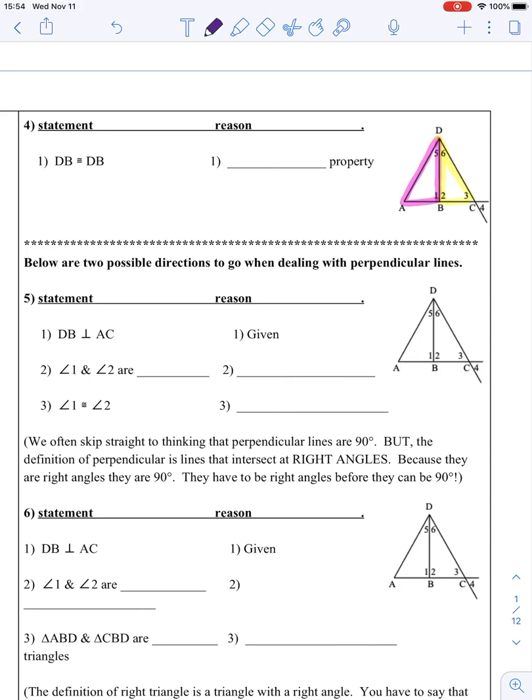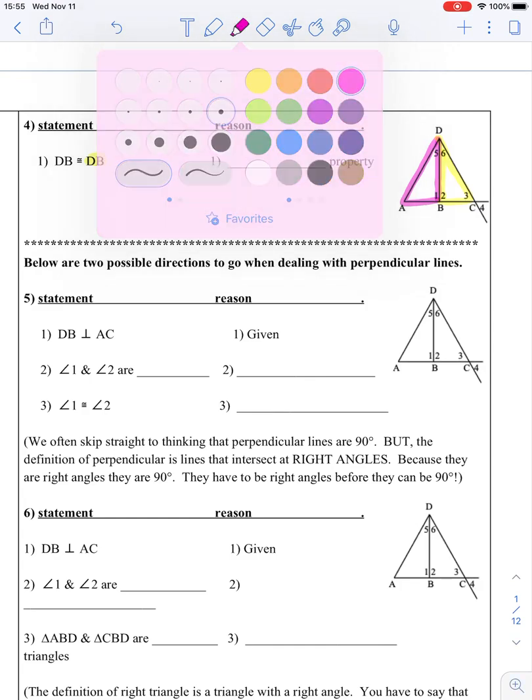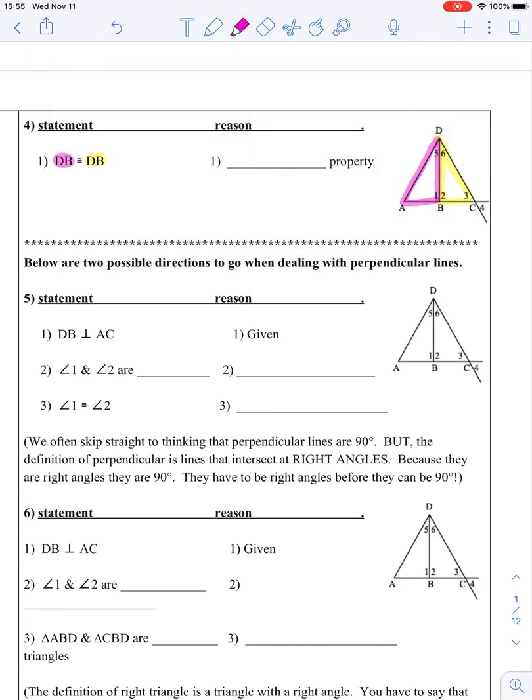So sometimes we have to state that. So DB of the pink triangle is equal to or congruent to DB of the yellow triangle. So we'll kind of color code this so that you can make sense. So DB of the pink triangle is congruent to DB of the yellow triangle. That is called the reflexive property.